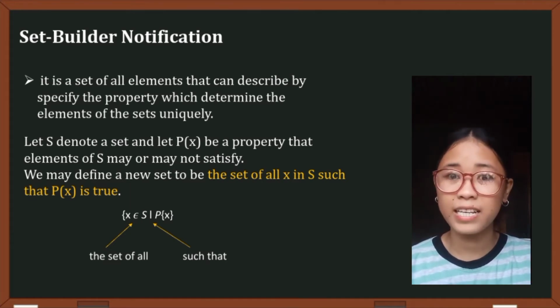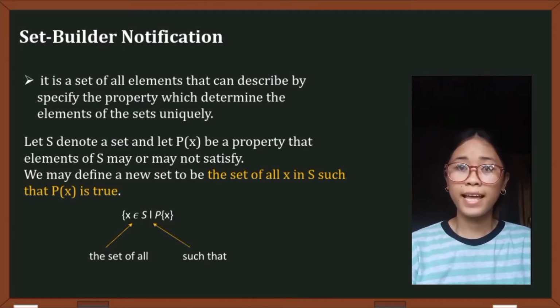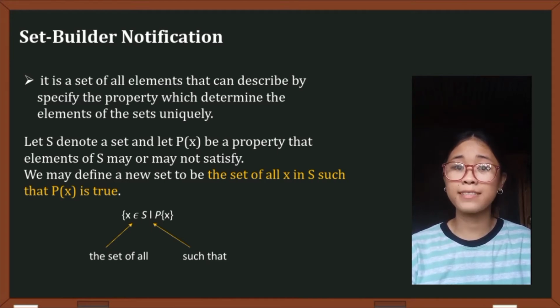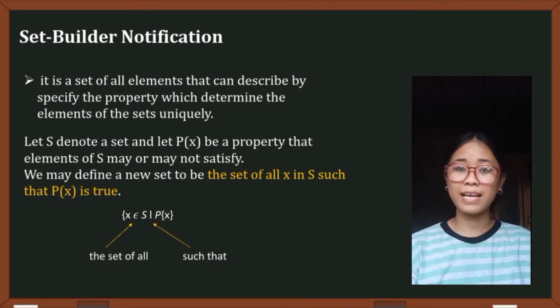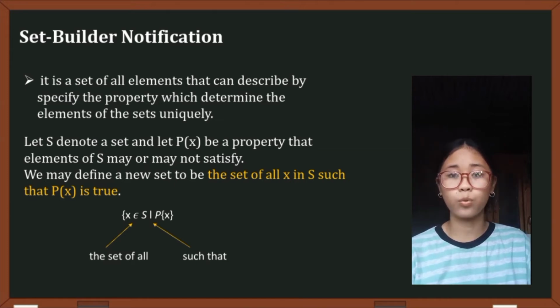of the set uniquely. Let S denote a set and let P of X be a property. The elements of S may or may not satisfy it. We may define a set to be the set of all X in S such that P of X is true.